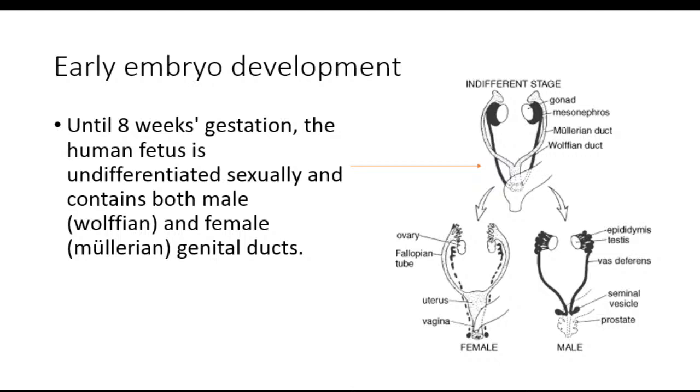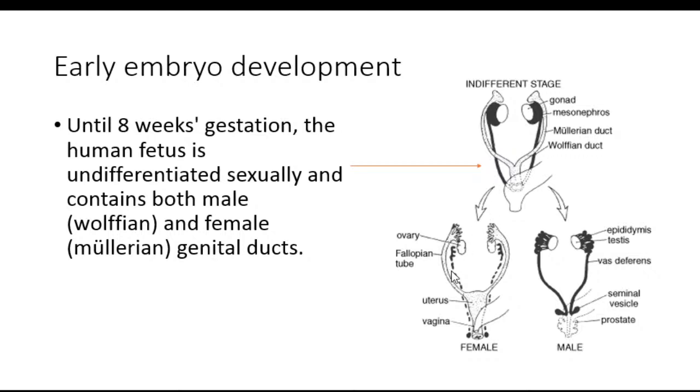Until the 8th week of gestation, the human fetus is sexually undifferentiated and contains both male and female genital ducts: male, we say Wolffian, and female Mullerian tract. You can see on the screen the undifferentiated fetus.